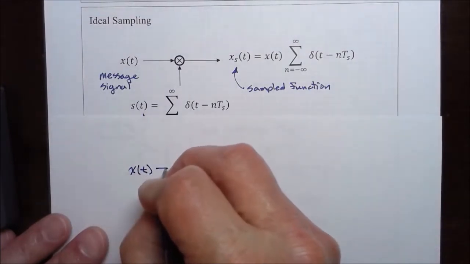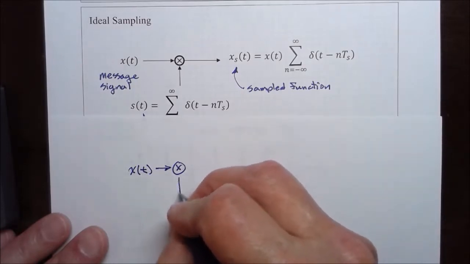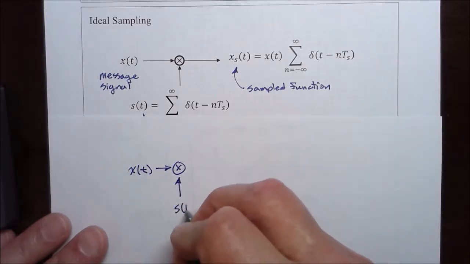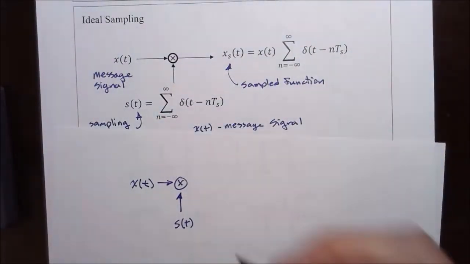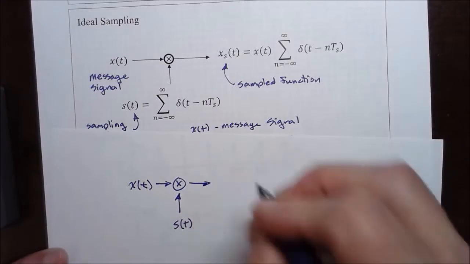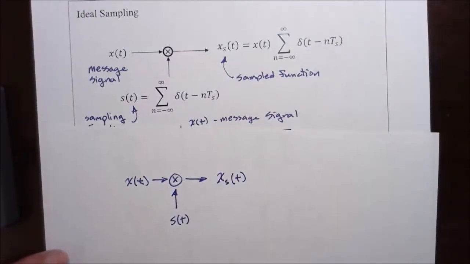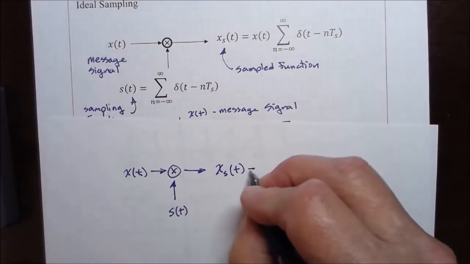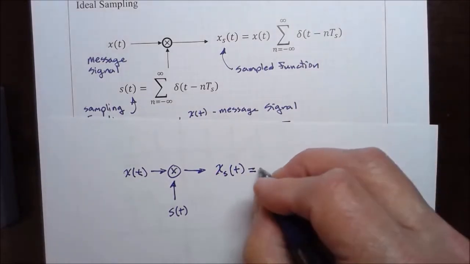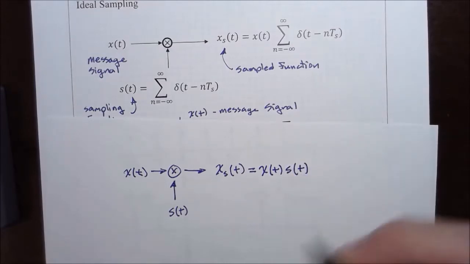X of t goes into this mixer where it is sampled by the sampling function s of t, which is this train of delta functions, and the signal that comes out is the sampled time signal. If we look at the spectrum of each one of these signals, the sampled time signal is equal to x of t times s of t.